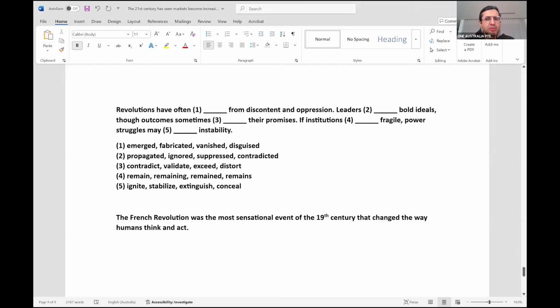Now let's say I want to paraphrase this. So I'll write like this: the French Revolution was the most spectacular event of the past, comma.